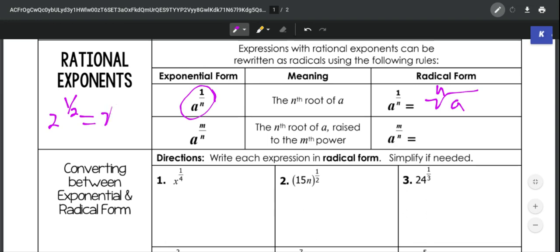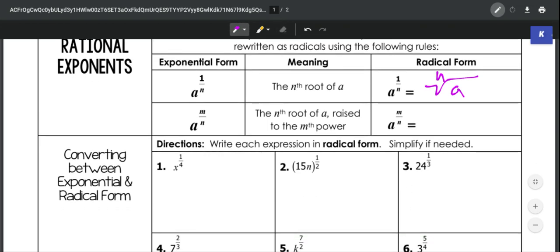We would rewrite that as the square root of 2, and our index would be 2, so we would just leave it as the square root of 2. It's pretty much all that's saying. That's just a very general way of putting it.